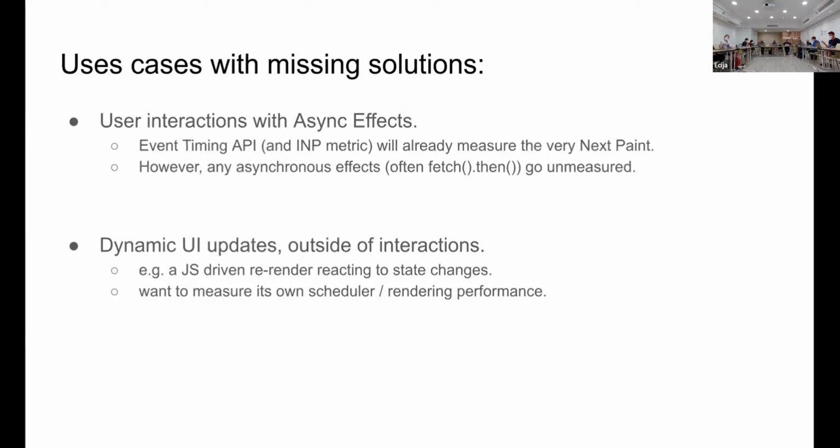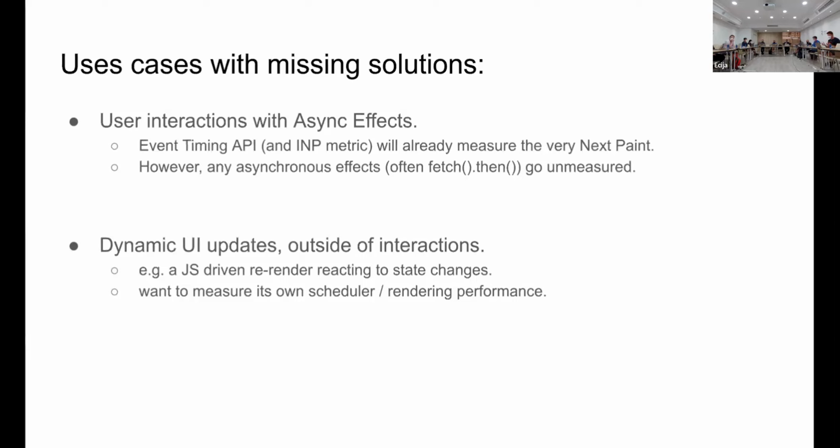And right now, event timing measures that whole initial time period, if you have janks or long animation frames or whatever, but we have no way to measure the continuation, the fetch.then. And it's a very common request that developers want to be able to measure how long things took after that continuation runs. They really want to know the end-to-end time of the most important response, not just the initial response.